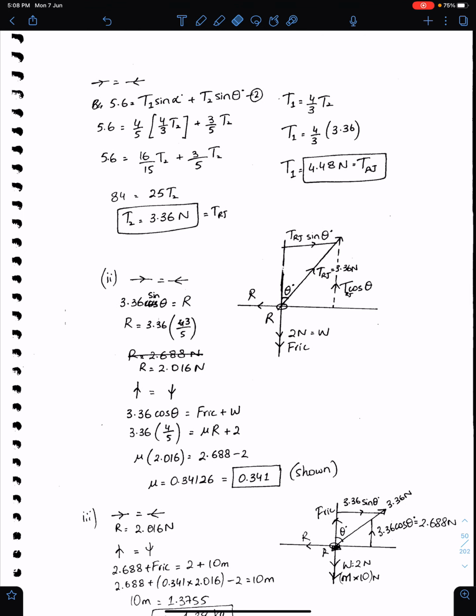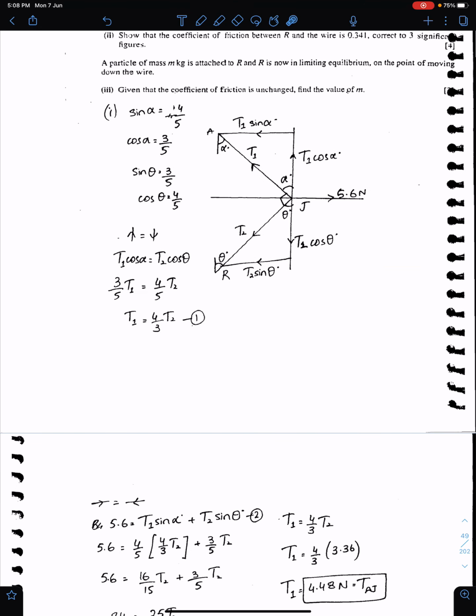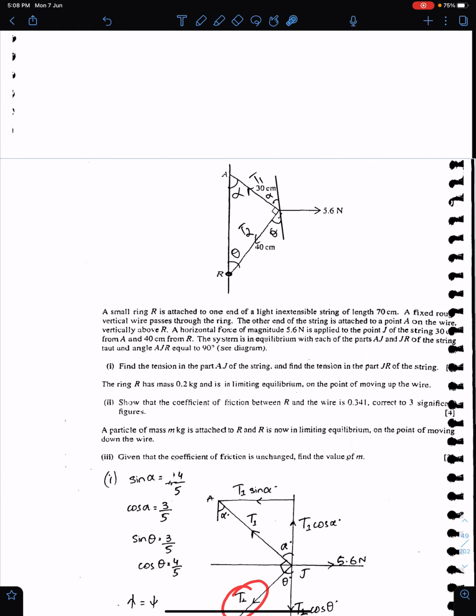When you resolve forces at R, friction will act in this direction. Normal reaction will act in this direction because it makes 90 degrees with the rod. And this tension is T2.